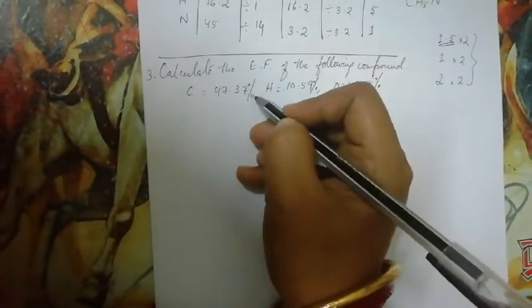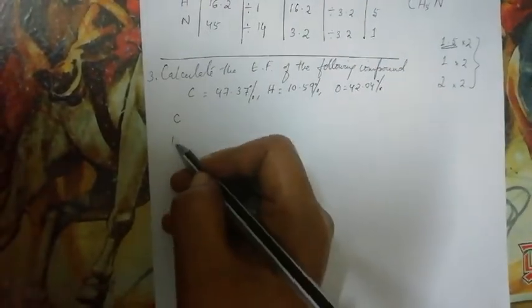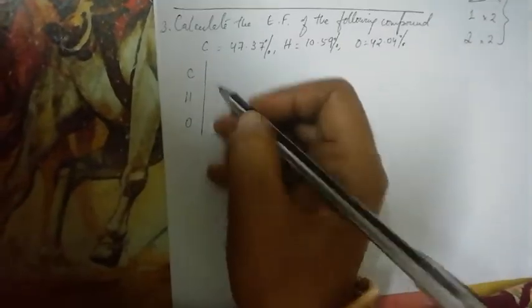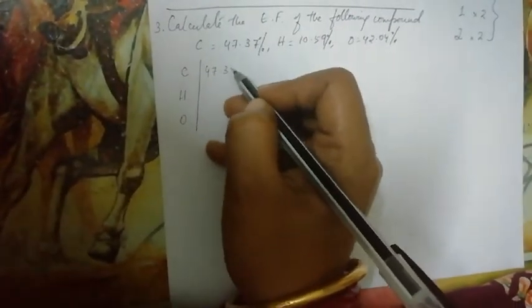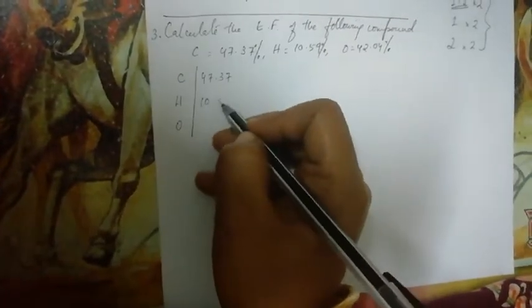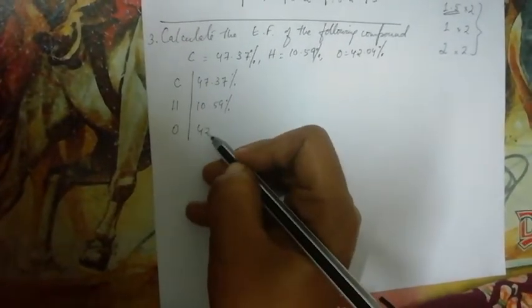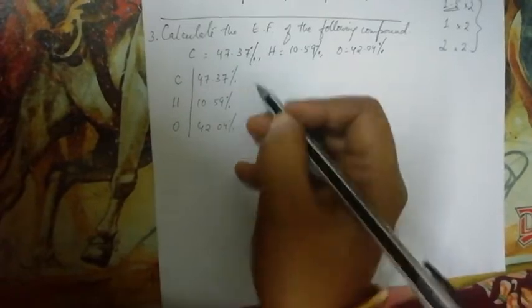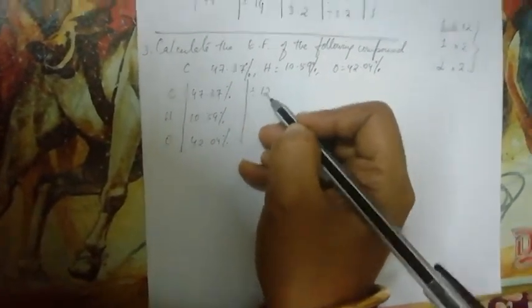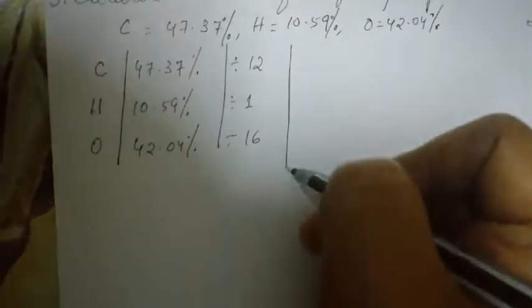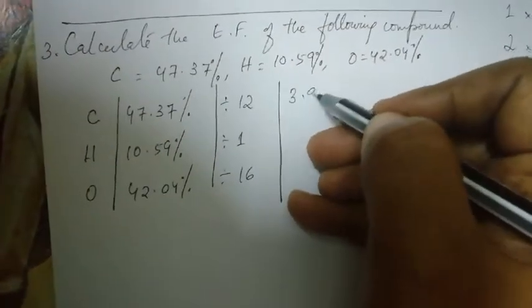These are all percentage. Now you write down the elements first. C, H, O. Against the elements, write down the percentage as given in the question. Then 42.04 divided by 16. Here you get 3.9.